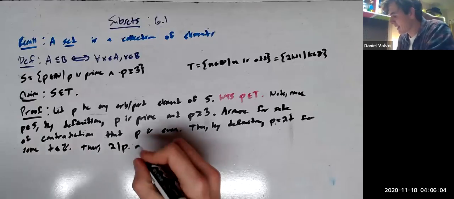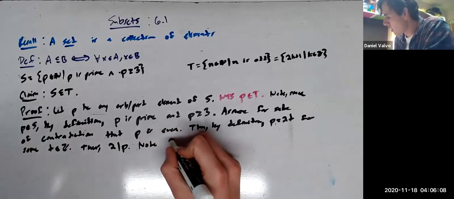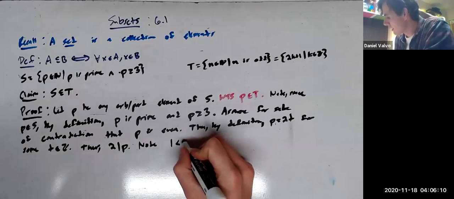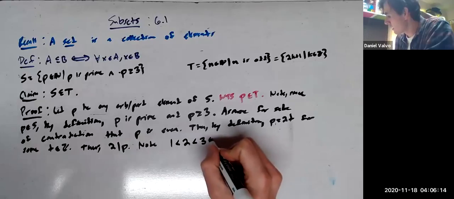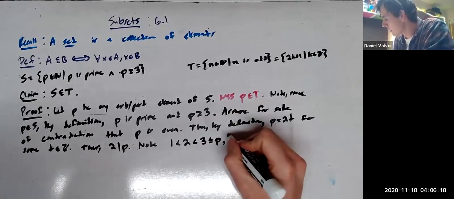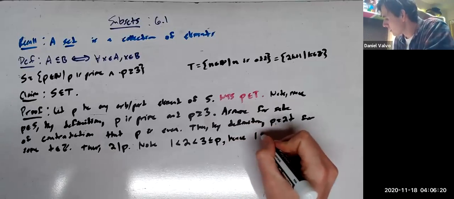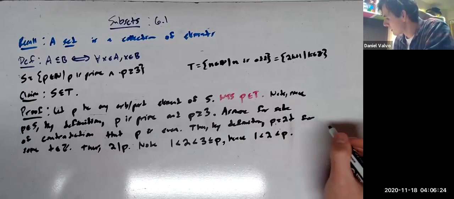And then I'll say, note that 1 is less than 2, which is less than 3, which is less than or equal to p. Hence, 1 is less than 2, which is less than p.